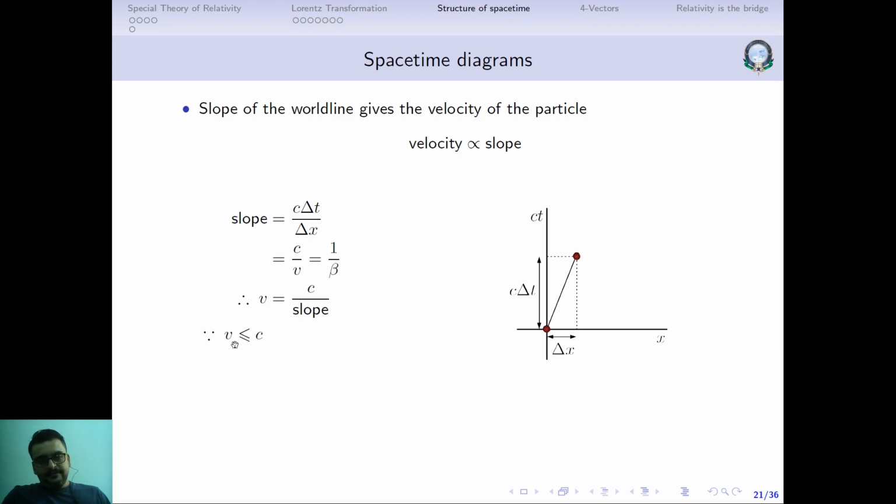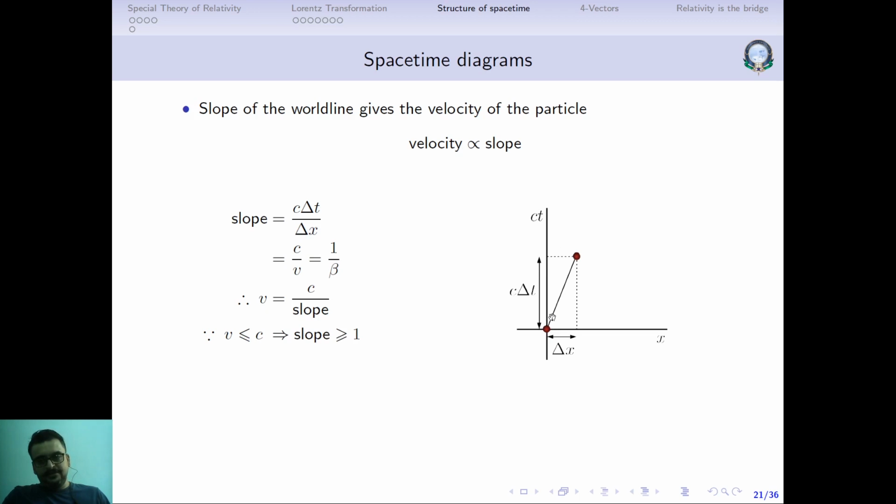The velocity of any particle is always less than the speed of light. Nothing can travel faster than the speed of light, the second postulate of relativity. Because v is always less than or equal to the speed of light, we can work out from here that the slope should always be greater than or equal to 1.